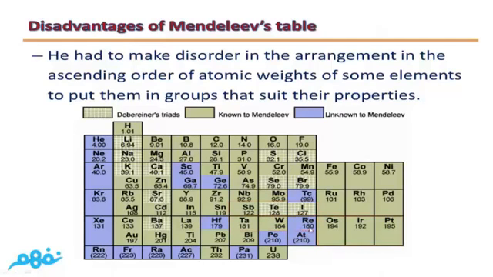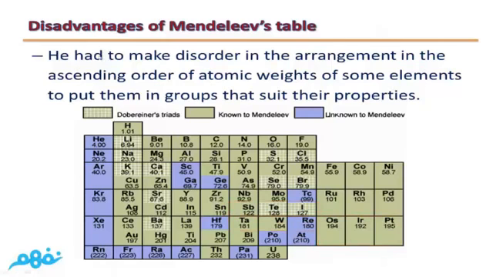The next one is 180. Then 194. We said that atomic weight increases as we go from left to right, but here we have one element which is not in the correct order. So Mendeleev had to make this disorder in the ascending order of atomic weights of some elements.